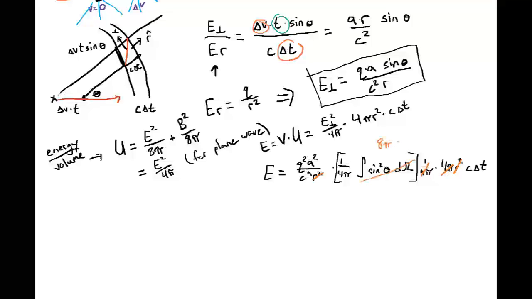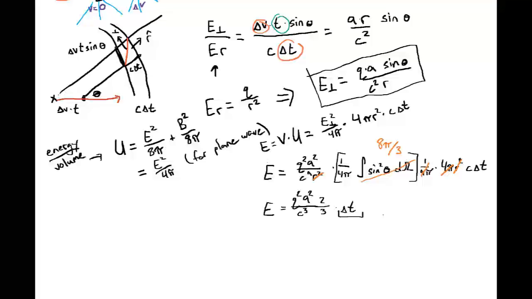8 pi over 3. So the energy in this shell is given by q squared a squared over c cubed, and our 4 pi cancels with our 8 pi to give us 2/3, and we get a 2 over 3 times delta t. So this is looking pretty good, but this delta t is a little ugly.